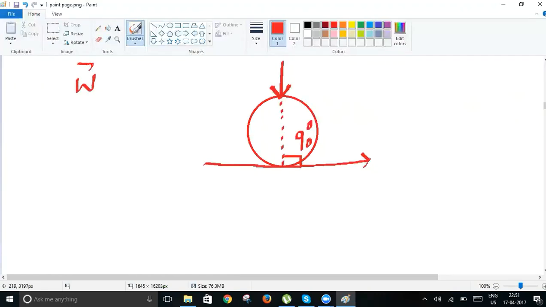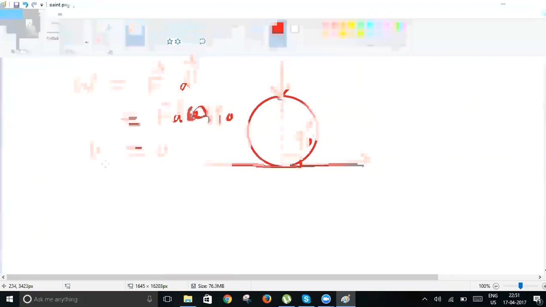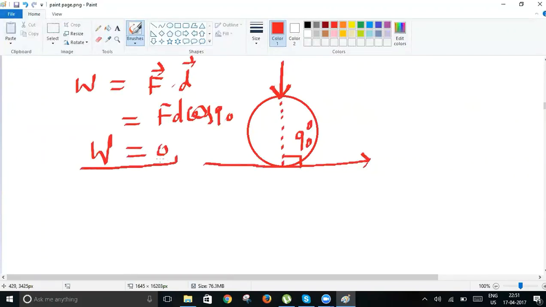But if you want to calculate this numerically using vector law, F vector dot D vector is equal to work. This is FD cos theta, that is 90. The formula will give you the exact value, that is 0. So practically you can see your work done is 0, and theoretically you can see your work done is also 0. Okay?